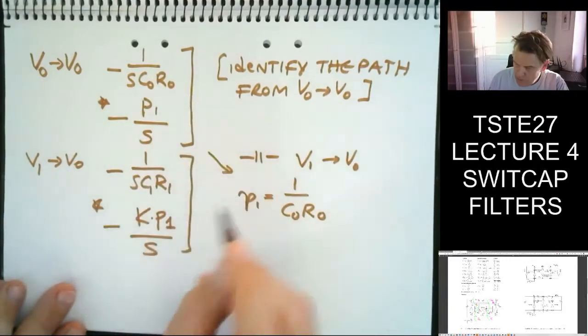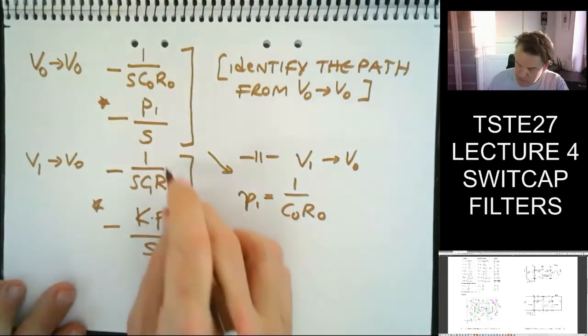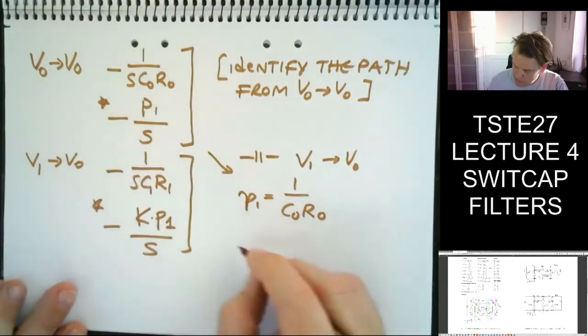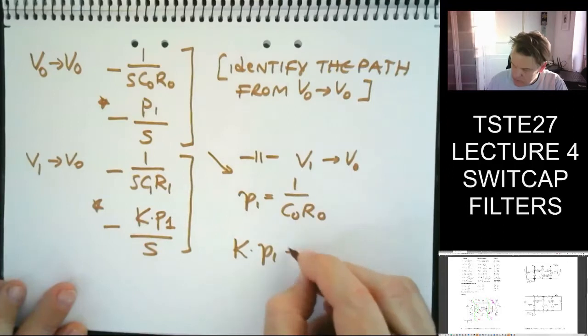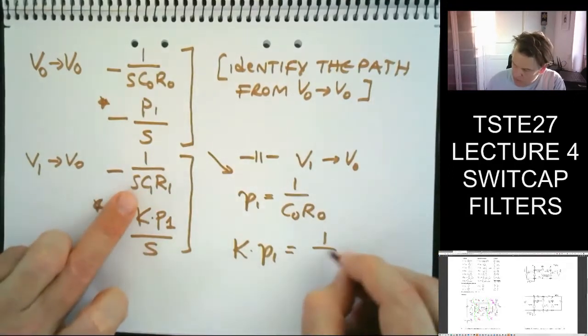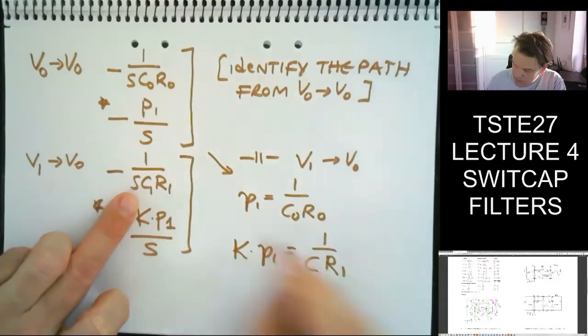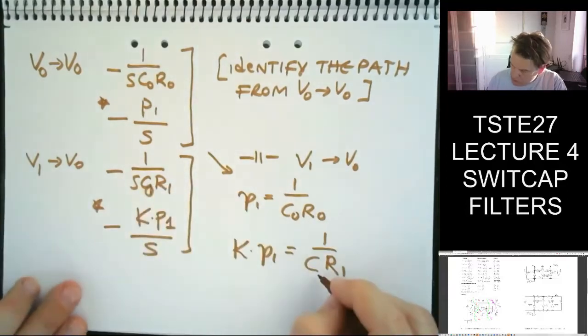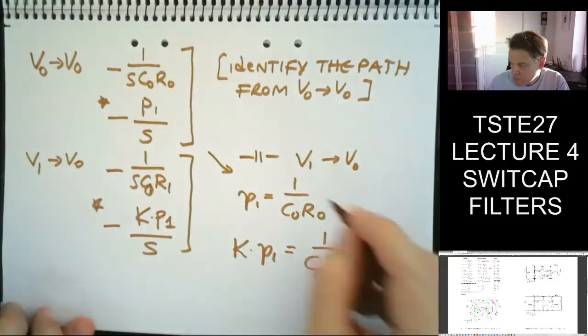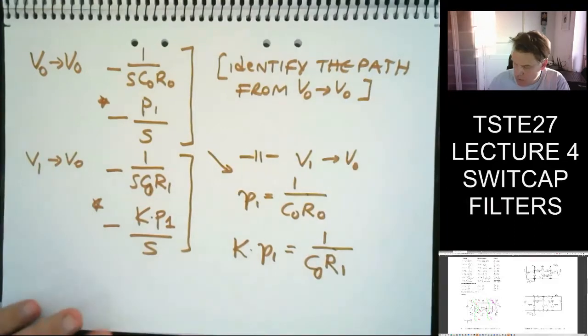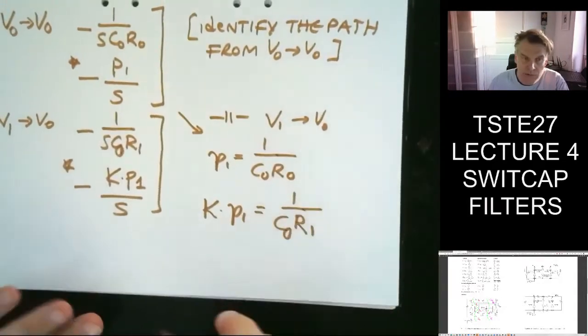Yeah, that's coming from that equation set. This tells us that K times P1 equals 1 over C naught R1. Sorry, that should be naught, of course, C naught of R1. Yeah, and then we see that we have 2 equations, but we have 3 unknowns.